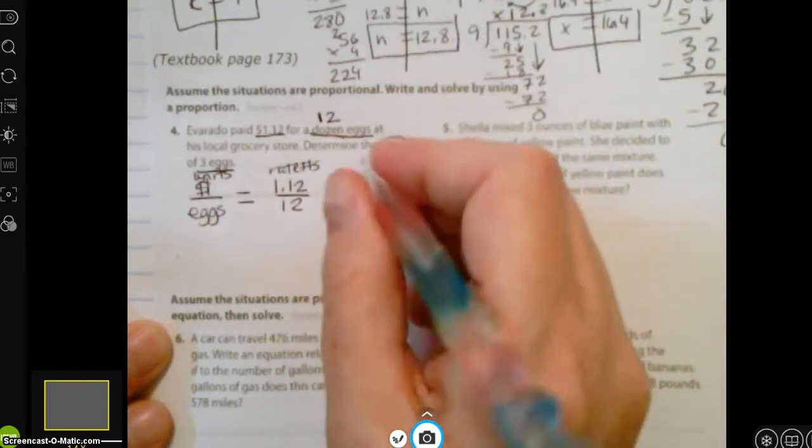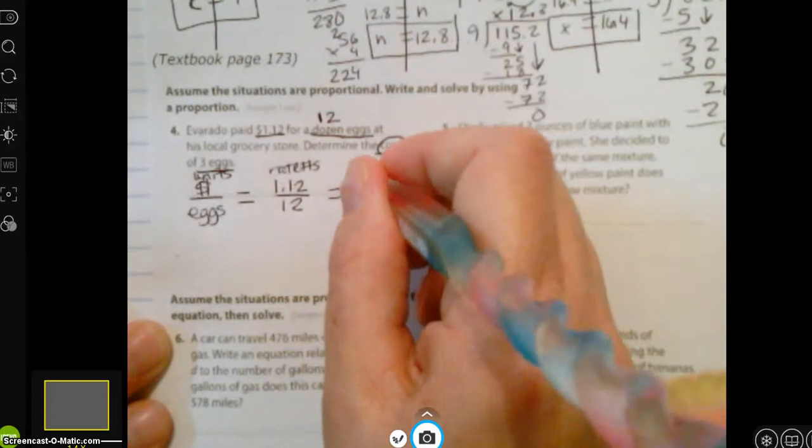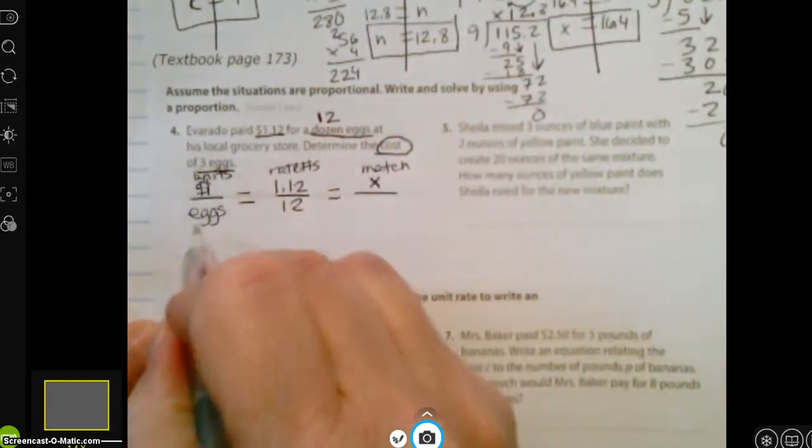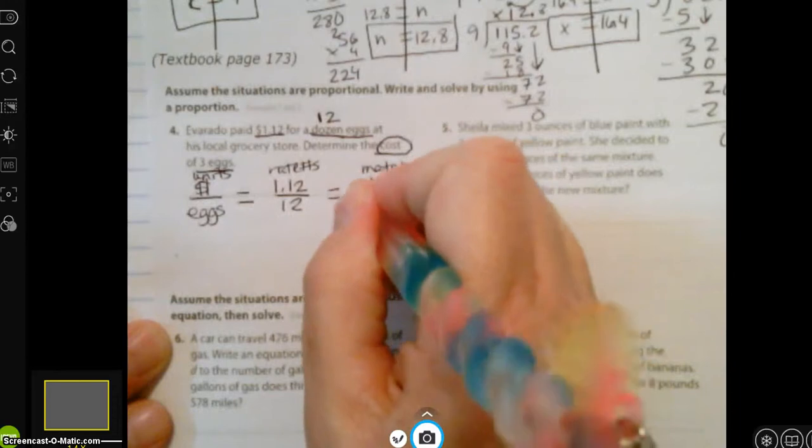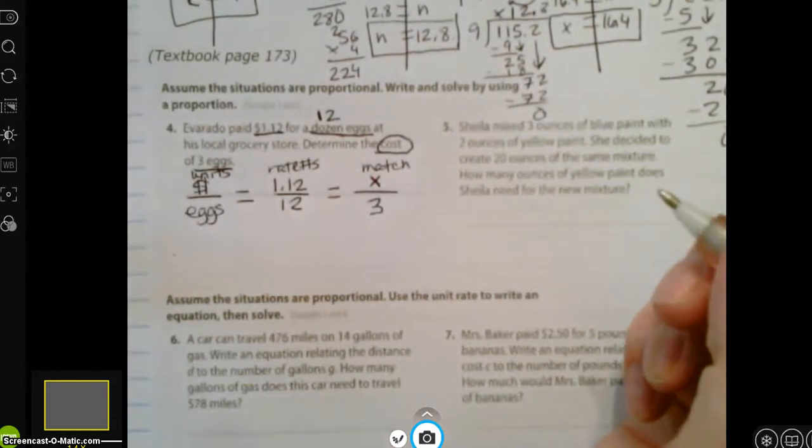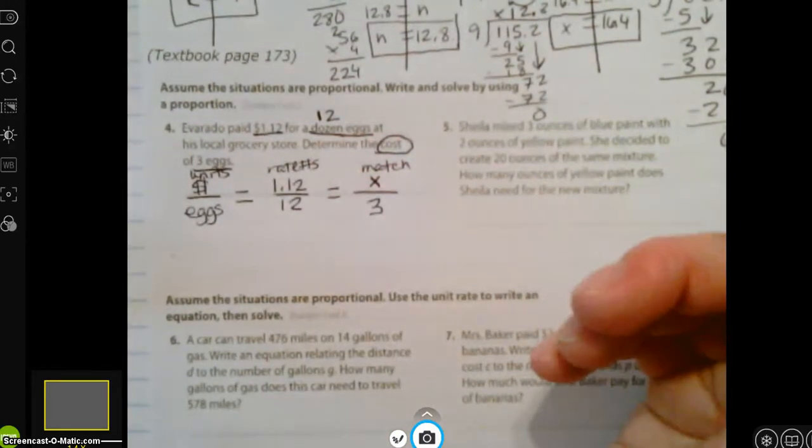Determine the cost. So we don't know the cost, so that's where my x goes, for 3 eggs, and of course that's going to fall right in line because that's what I have left, 3. So basically, on the problem you're going to be doing just this thing. You're going to be putting in your words, the rate numbers, and then you're going to match everything else.